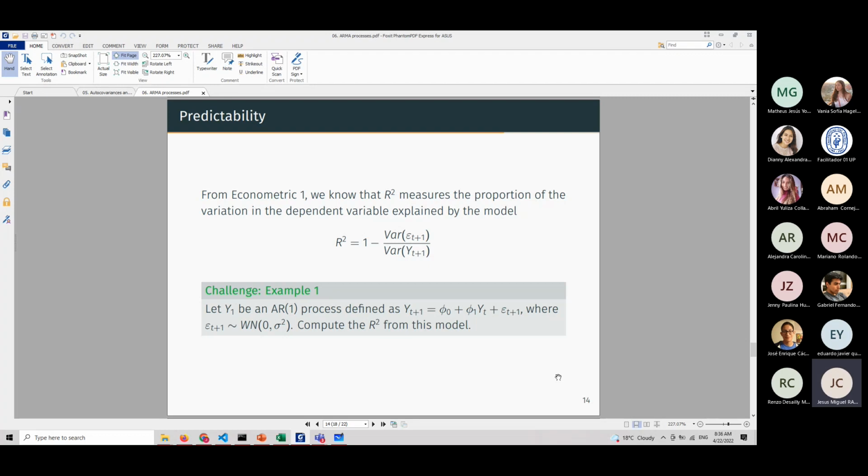Remember that the R square measures the proportion of the variation in the dependent variable that is explained by the model. Okay, that is the R square. The R square can be written this way as 1 minus the variance of the innovation process over the variance of the time series.